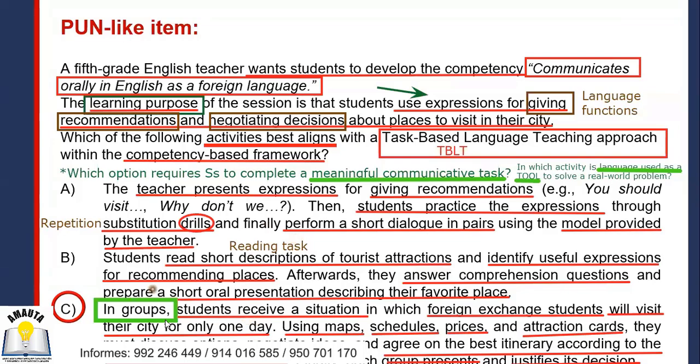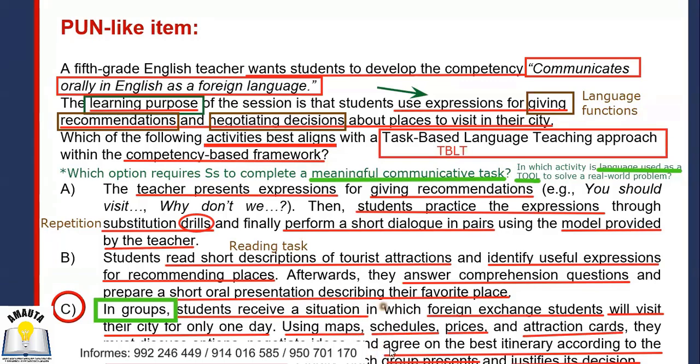But here, yes, they interact in groups. And in groups, they make decisions, they negotiate, and finally they share their findings, they share what the best itinerary is, right? They justify their decisions. When they justify, they produce language by themselves, right?